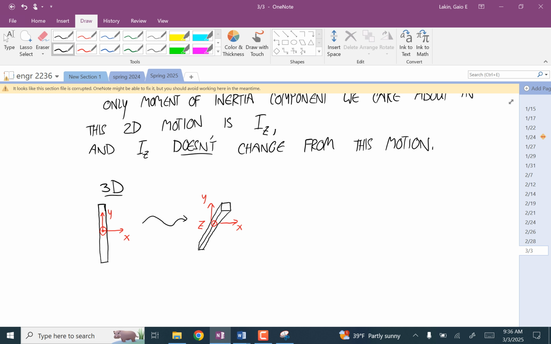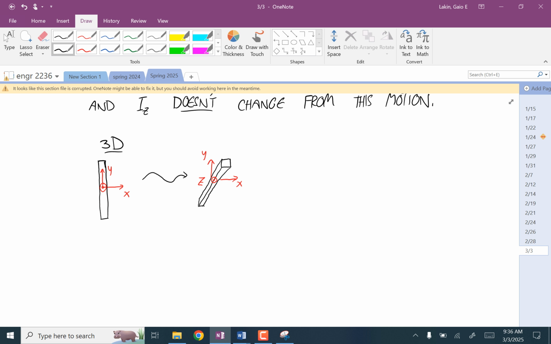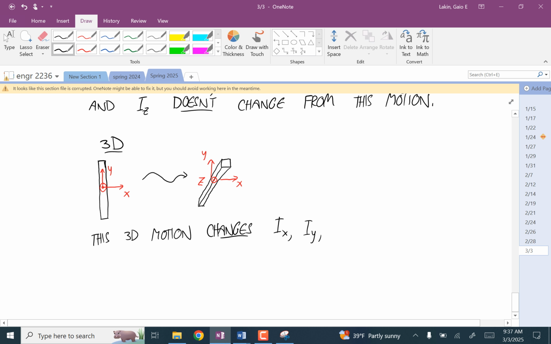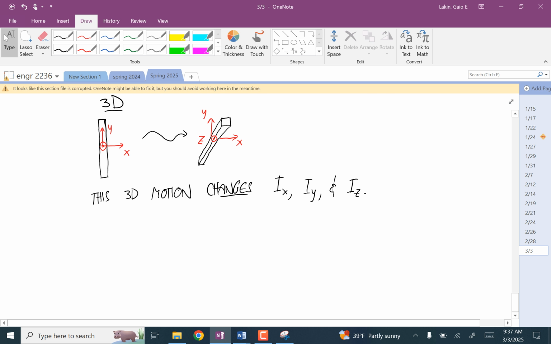Well, this three-dimensional motion changes every component of the moment of inertia. And what that means is you can't use the equation like this.